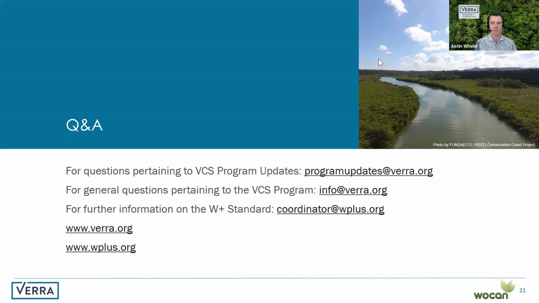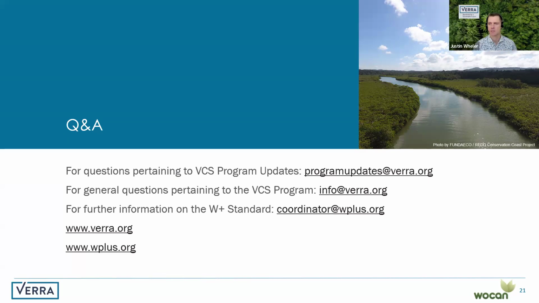And then there's a separate W+ template for any additional information that's required to demonstrate that you meet their certification requirements. So there's not a joint template, but there's a joint recognition of the program templates so that you're not duplicating between the two. And then once W+ confirms that you meet their requirements, you can provide that confirmation back to us to qualify for the VCUs. But Jeanette, do you want to say anything else on the W+ templates, or does that cover it? Covers it? Okay. Yeah, I think that's good.